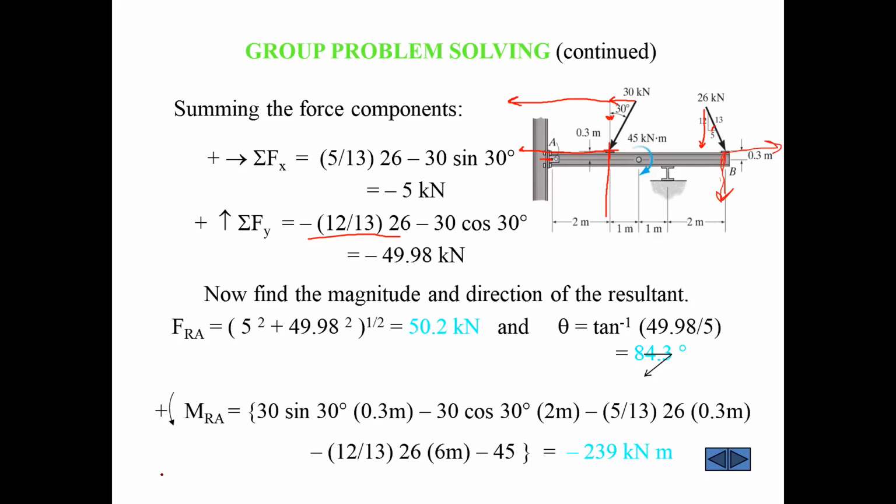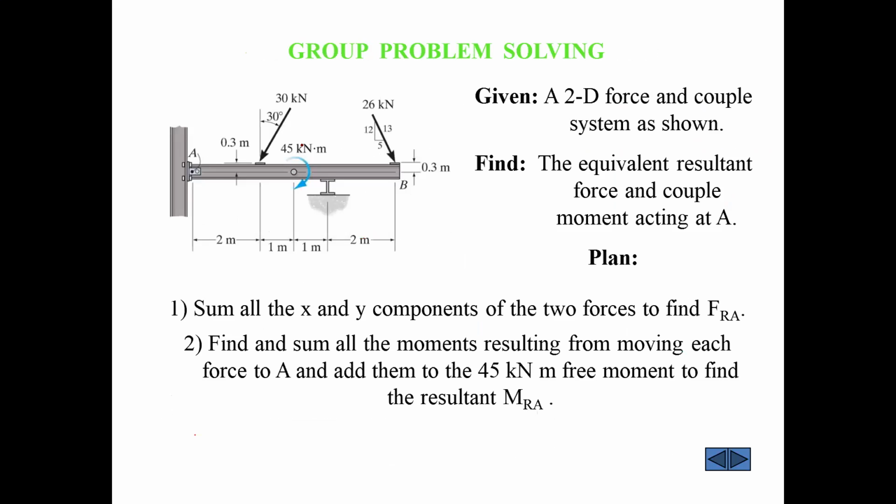Now, if it asks you to find the distance from A where the force acts, you can actually find that. You would be dividing this figure here by this. I don't think it's on the slide. Did this slide ask us for it? It didn't ask us for that, but I just add that to it.